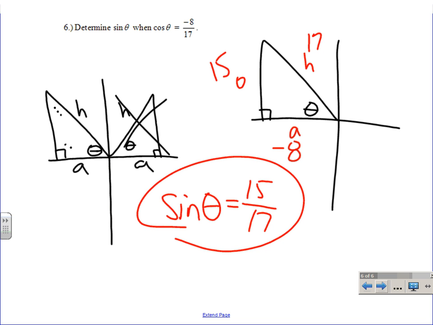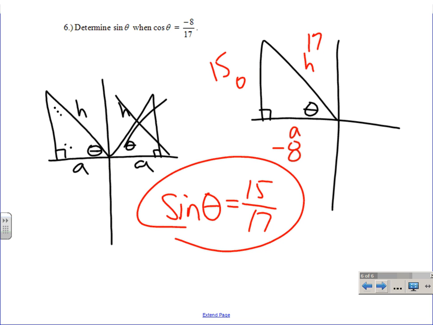And here's what I'm going to tell you now. That's almost 100% correct. There is another answer to this problem. And for tomorrow, if you can find that other answer, I will give you extra credit. It's not as hard as you would think. But you do have to think a little bit to get it.